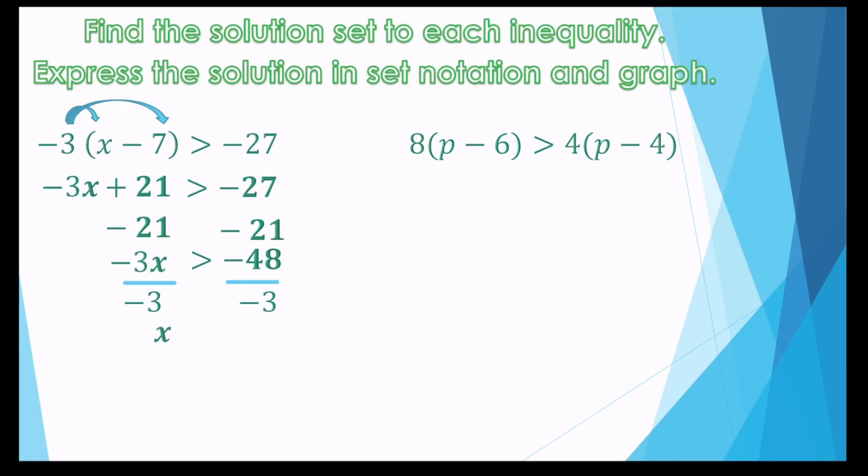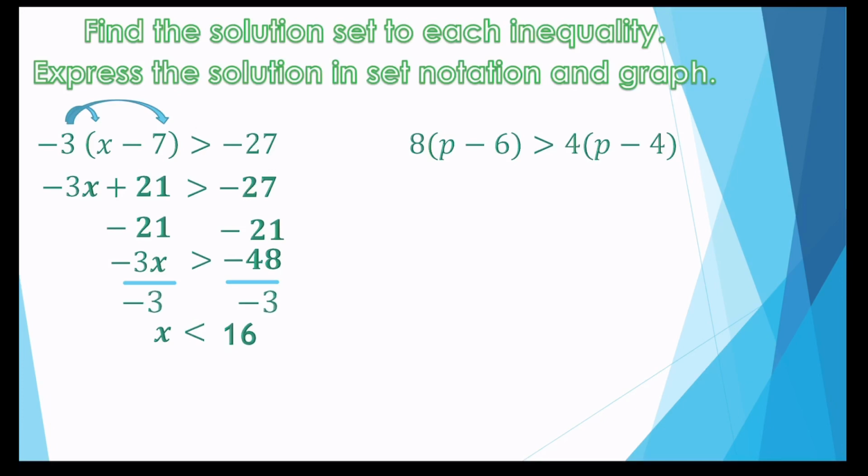Yes, I'm left with x here, okay, and a positive 16 here, but what is it that I have to do? I hope you all said, switch your symbol. Notice I am dividing by a -3 on both sides. Excuse me. So my inequality symbol switched.